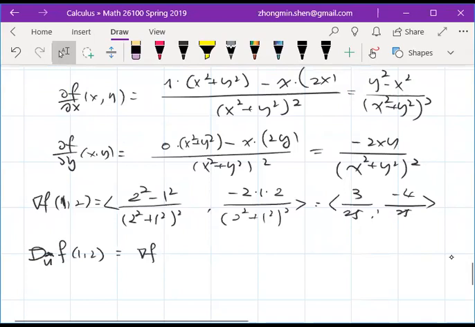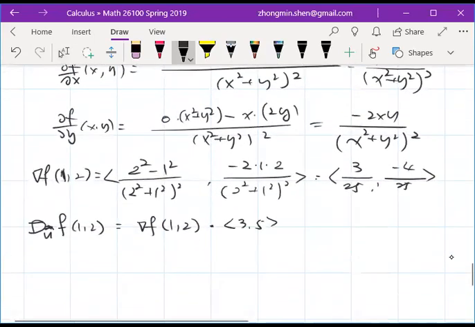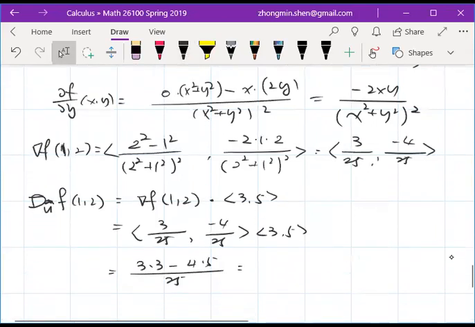The inner product, dot, with (3, 5). So the numerator is 3 times 3 minus 4 times 5, divided by 25. So it's 9 minus 20, which is negative 11.